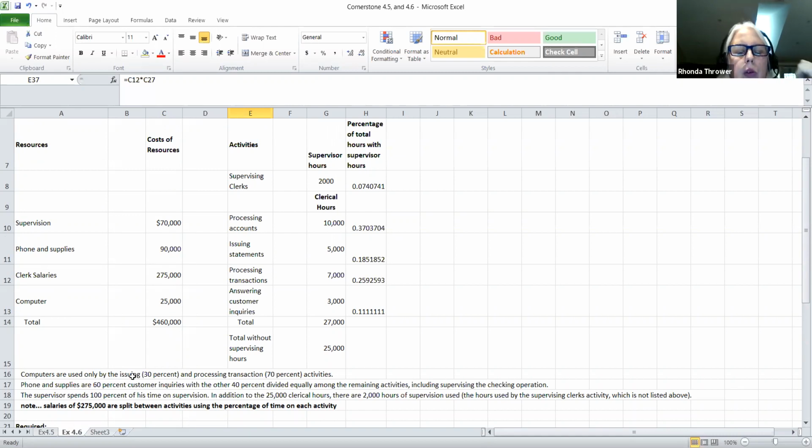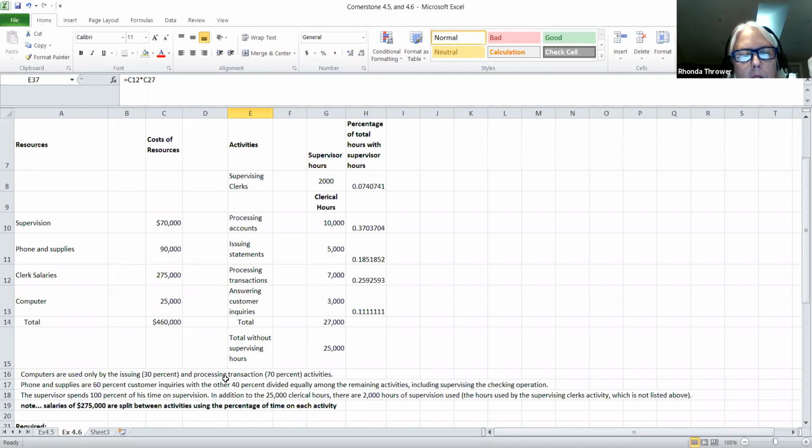Sometimes I wonder who's writing these problems in Cengage. But these are computers that are used only by the issuing of statements activity. And we're going to use those computers for 30% of the issuing statements activity. That's 30% of the time. And the rest of the time is going to be for processing transactions.